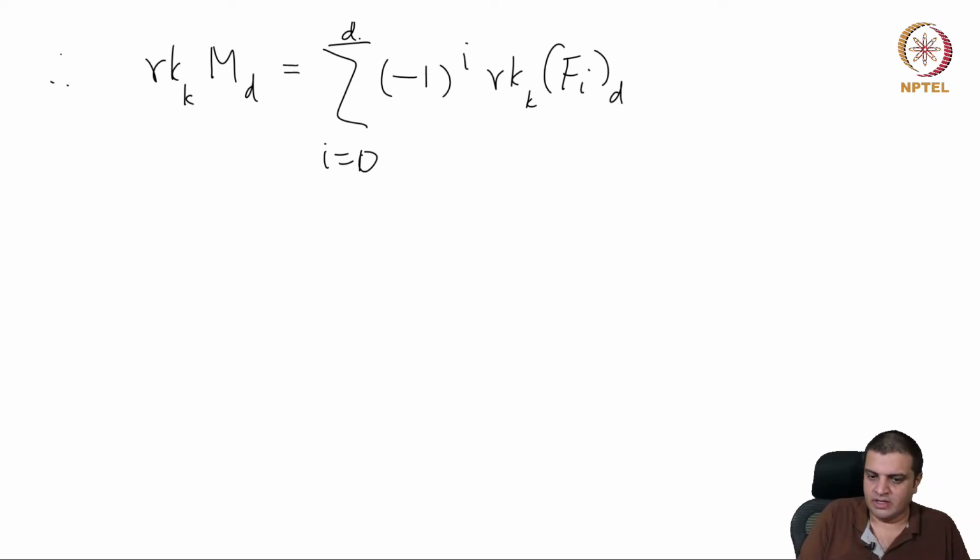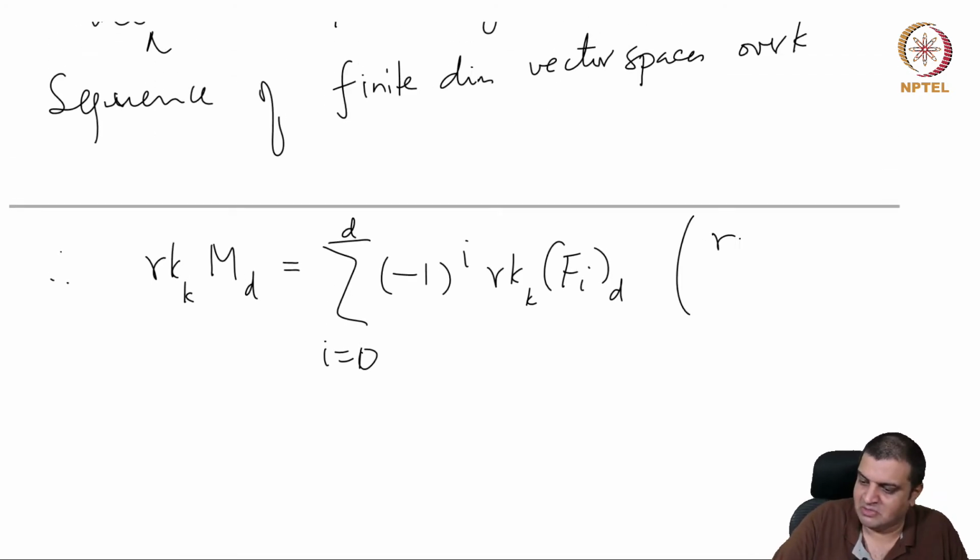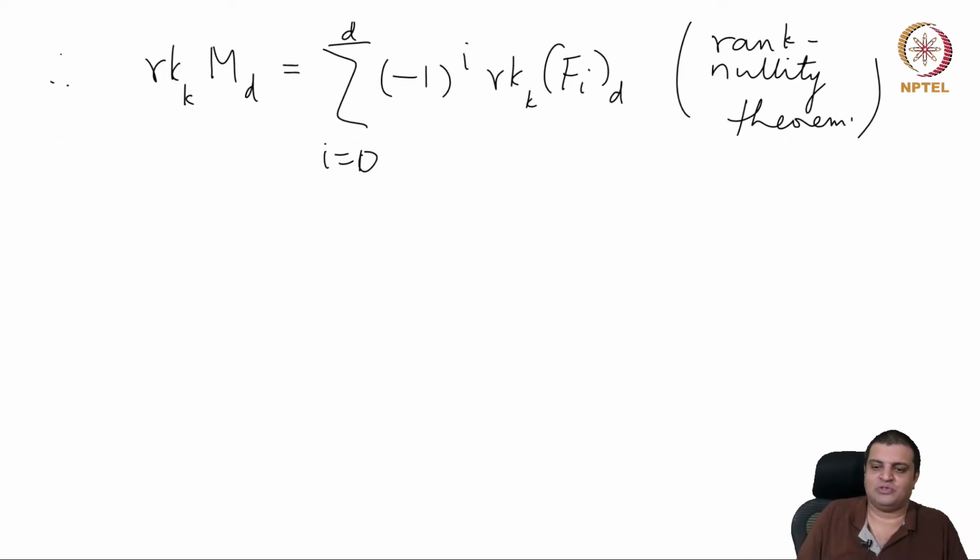In other words, the terms at 0, 2, 4, etc. get a positive sign, the other ones are subtracted, and this alternating sum gives the rank of M_d. Just write down an exact sequence of vector spaces and convince yourself that this is true. It comes down to many applications of the rank-nullity theorem.